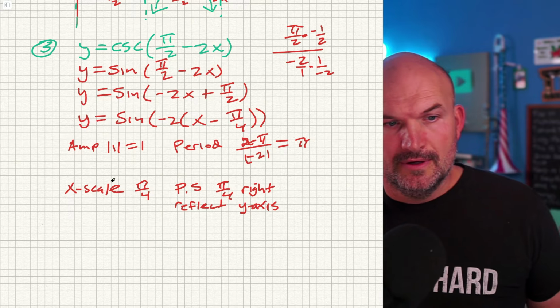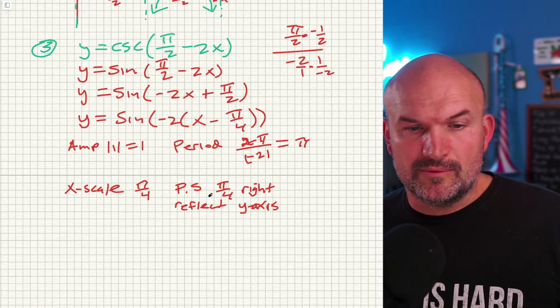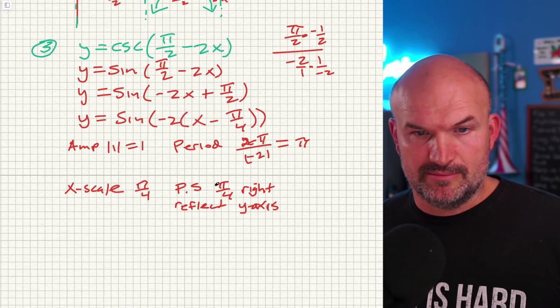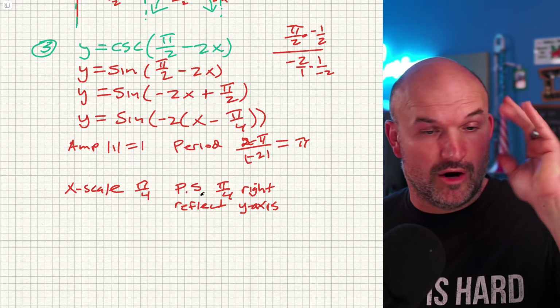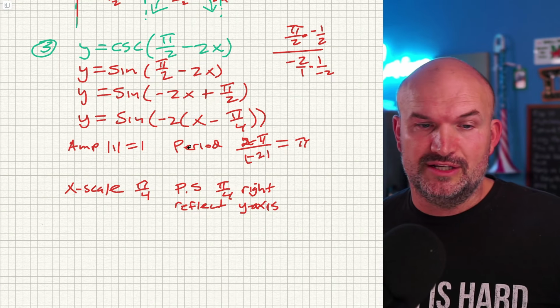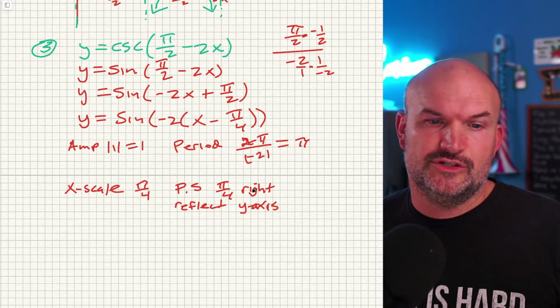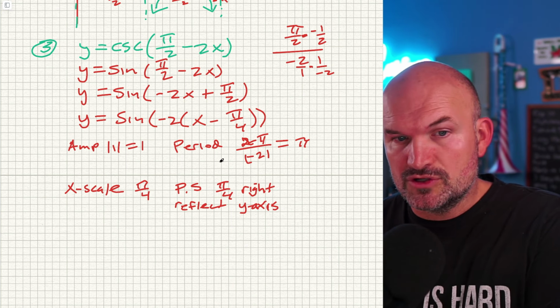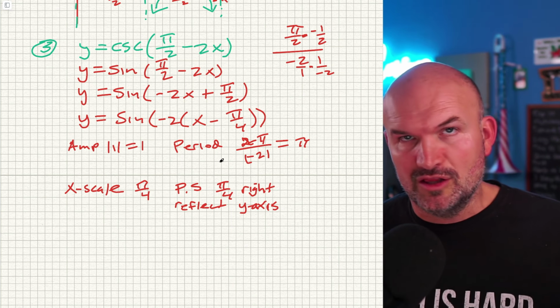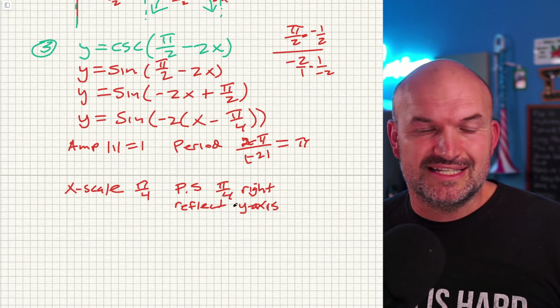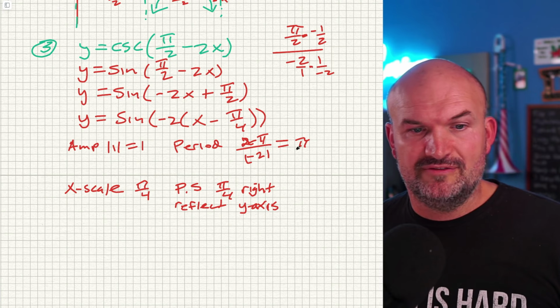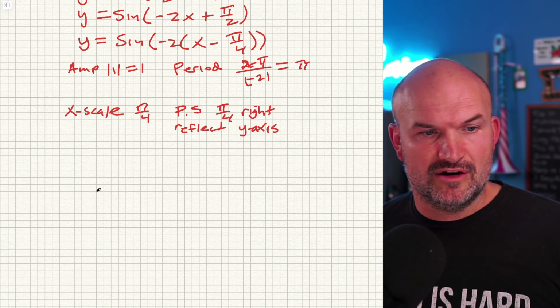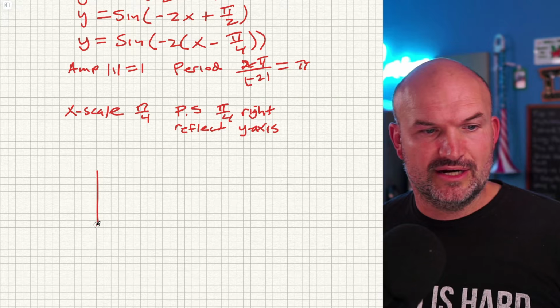Now, what we want to do when we're applying our transformations is always apply the reflection before we get into our phase shift. Okay. Make sure you always do that. That's true for square roots, and it's true for all of our functions. Make sure you apply that reflection before you apply the phase shift. But first of all, let's go and get our x scale.